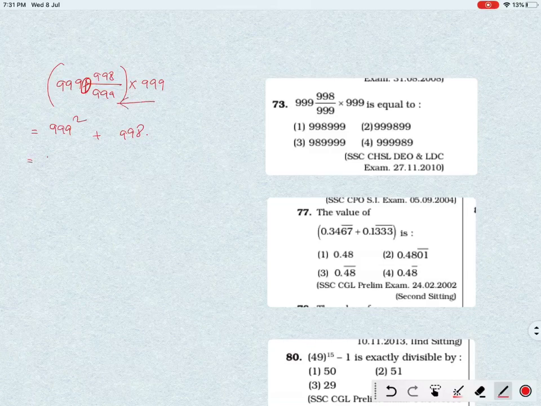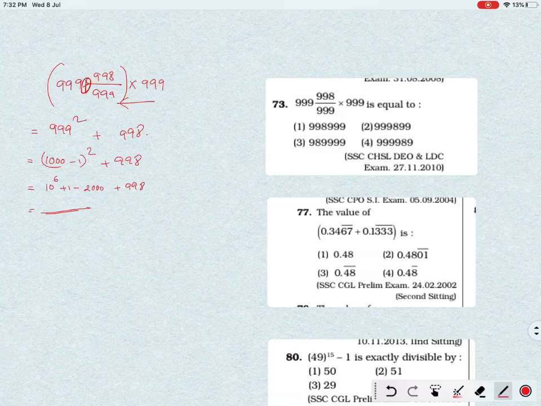I have just multiplied. Then you can write this as 1000 minus 1 whole square plus 998. This will be 10 to the power 6 plus 1 minus 2000 plus 998.